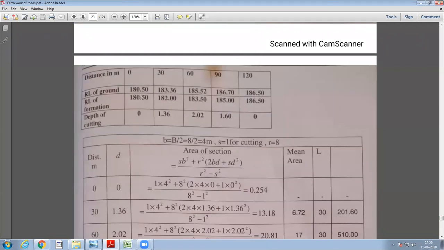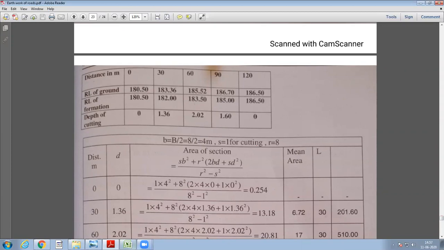So the first point should be increased with 1.5, that is 180.5 plus 1.5 will be 182 and plus 1.5 will be 183.5 and as usual. And you can observe after 185, if you increase with 1.5, you will arrive at the same value of RL 186.5. So depth of cutting is RL of formation minus ground level. You should get the depth at first and last point as 0 since they have mentioned.